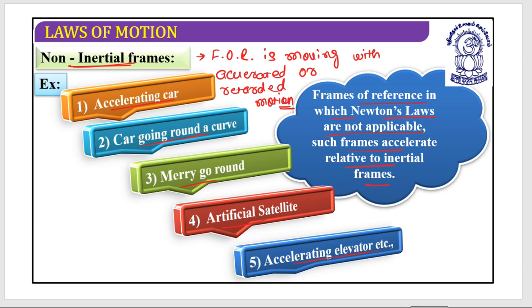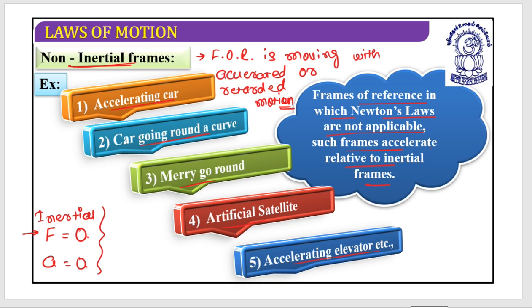A very basic fundamental is: if it is inertial, the force acting on that frame of reference is zero, or you can decide from its acceleration as well, that the acceleration is zero. If that is the case, then this frame of reference will be an inertial frame of reference. I hope this is clear.